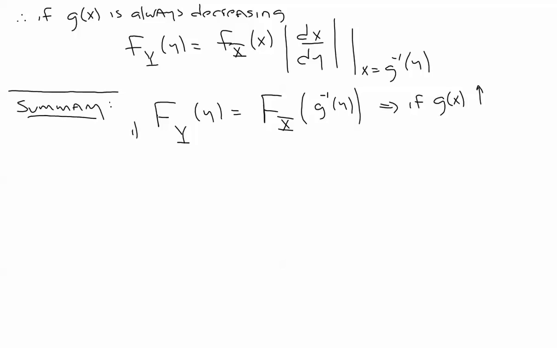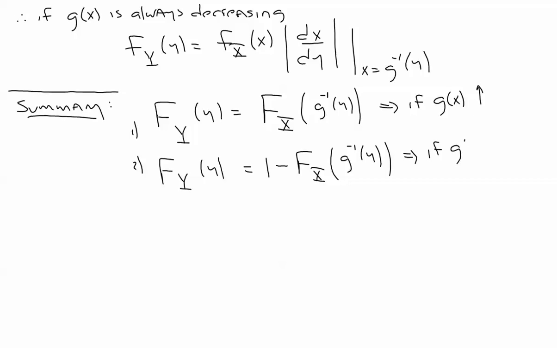And so that's my first final result. My second final result is that my cumulative distribution function for y is 1 minus the functional form for the cumulative distribution function for x, where everywhere I have an x, I substitute in g inverse of y. And this is true if g of x is an always decreasing function.